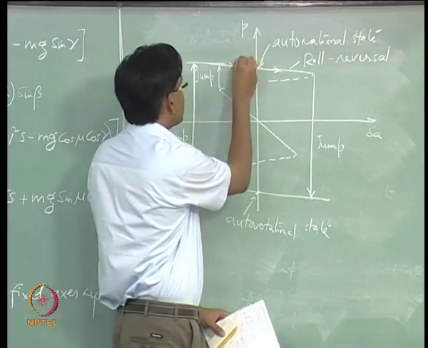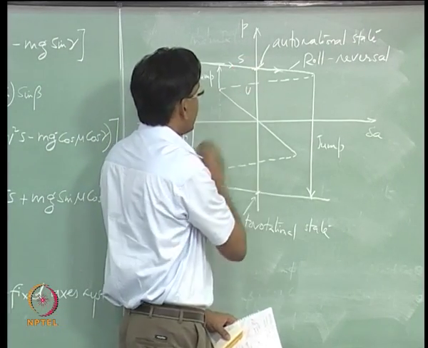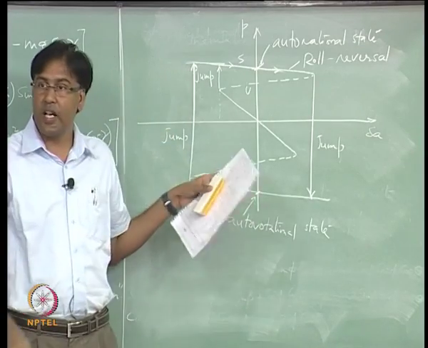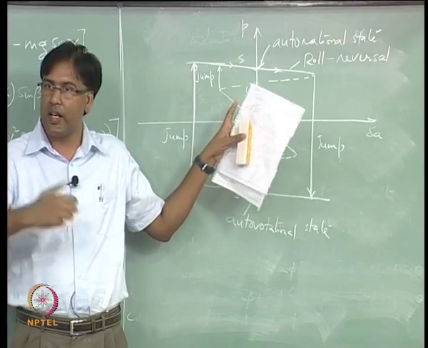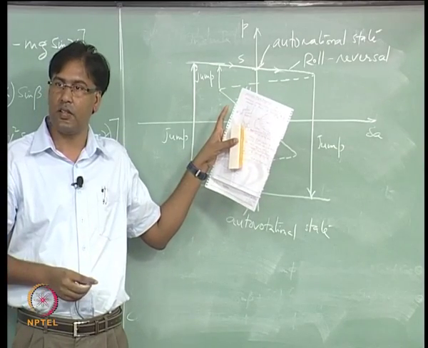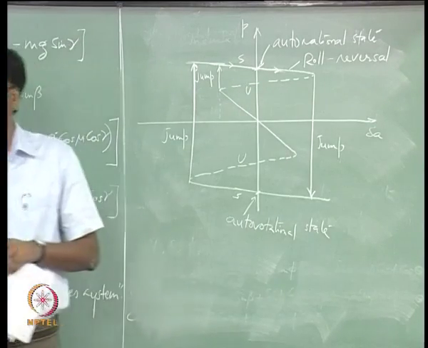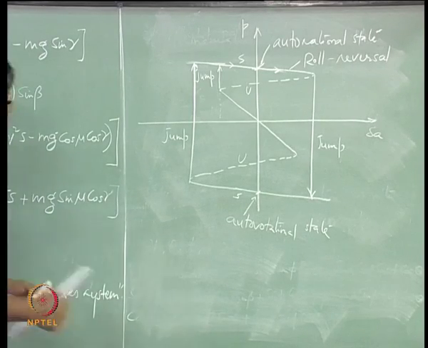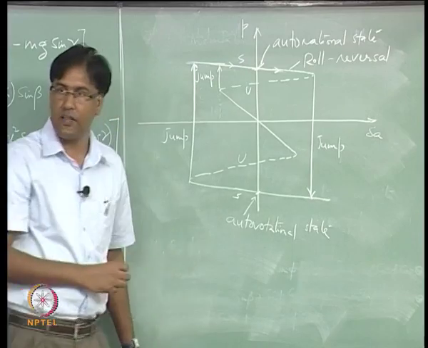So, you have this stable solution branch, and here the solutions are unstable. So, these are possible motions where the aircraft can get into as a result of loss of stability, right. So, you see hysteresis here.